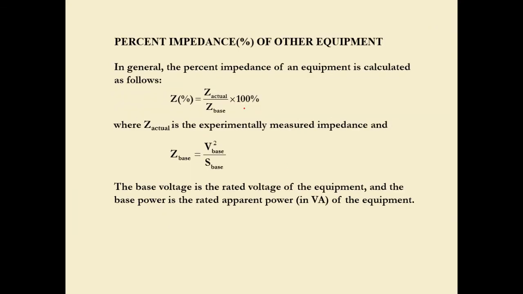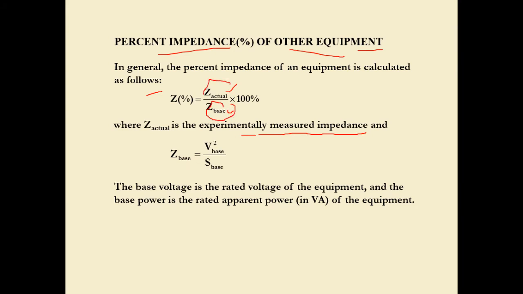Then how about the other equipment? This is very straightforward. In general, the percent impedance of an equipment is calculated as follows: Z actual over Z base. Z actual is the experimentally measured impedance, so we directly measure it. And then Z base, how to find Z base?